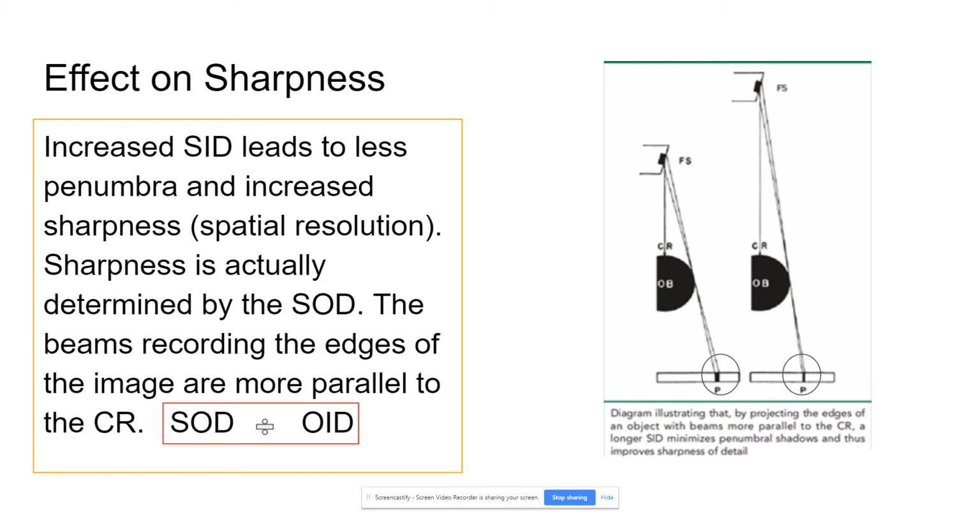Remember that word, penumbra? And more blur means resolution goes down, right? Sharpness, spatial resolution goes down. These are things, again, that will happen more often when patients are on stretchers or in wheelchairs, and you're trying to do things that are not on the table. Whenever possible, I try to get people on the table.